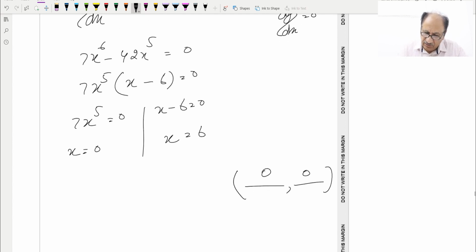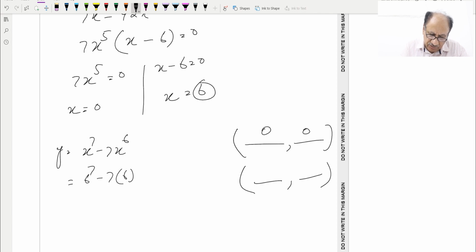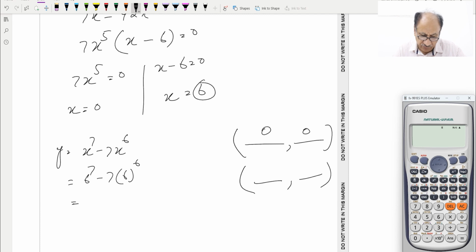For the second answer, for which they have provided space, we replace x with 6 in y is equal to x raised to 7 minus 7x raised to 6. We can replace this 6 value: 6 raised to 7 minus 7 into 6 raised to 6, and this will give us the y coordinate.